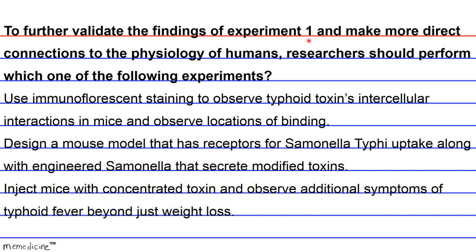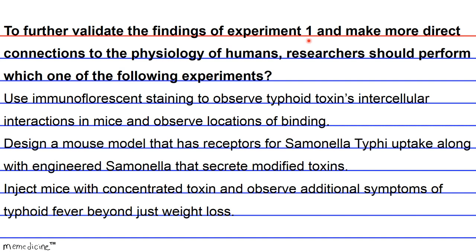So ideally, to compare the physiology of mice to that of humans, scientists should use a model that produces typhoid toxin endogenously, okay? So they would have to come up with some genetically altered model that could do this.